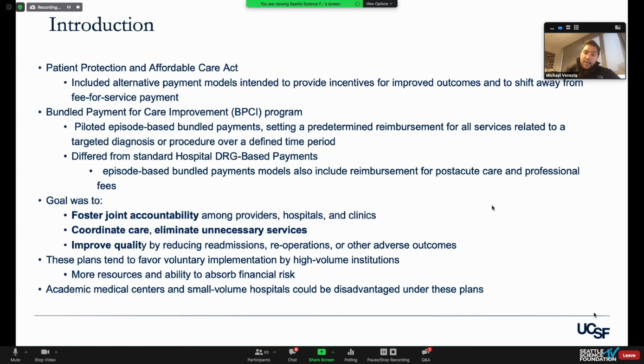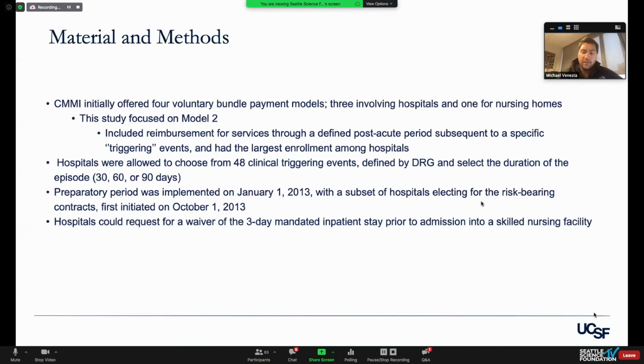One of the notions is that it tended to favor high volume institutions that had the capabilities to institute these, as well as absorb the financial risk that may be affected by the initial implementation. And that this may affect academic centers negatively as they do larger cases. So the Center for Medicare and Medicaid Innovation initially offered 4 voluntary payment models, and we're going to focus on Model 2.